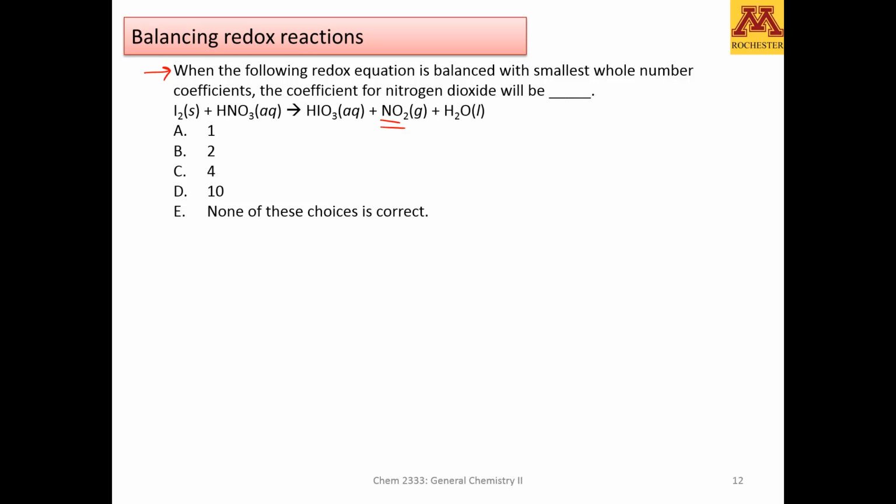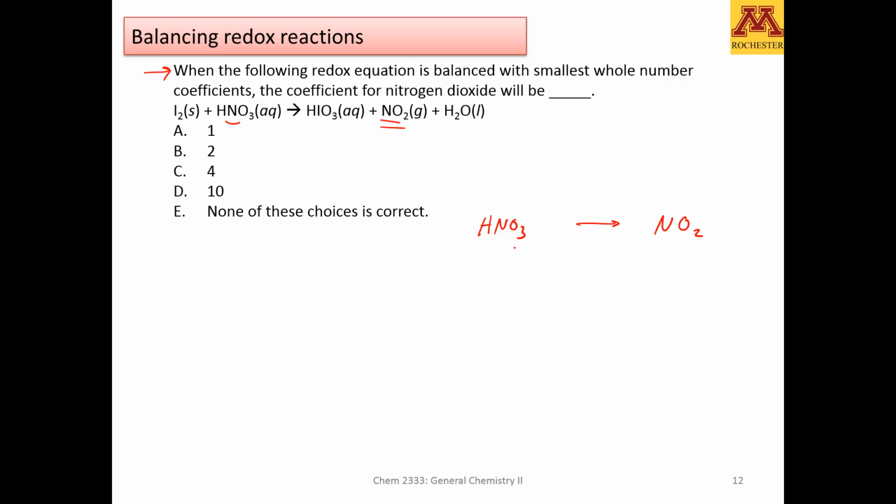Okay, so my advice here is to try to understand how many electrons are involved. You don't even need to balance it all. First of all, identify what gets oxidized and what doesn't. Nitrogen changes its oxidation state. How is that? Well, nitric acid becomes nitrogen dioxide.